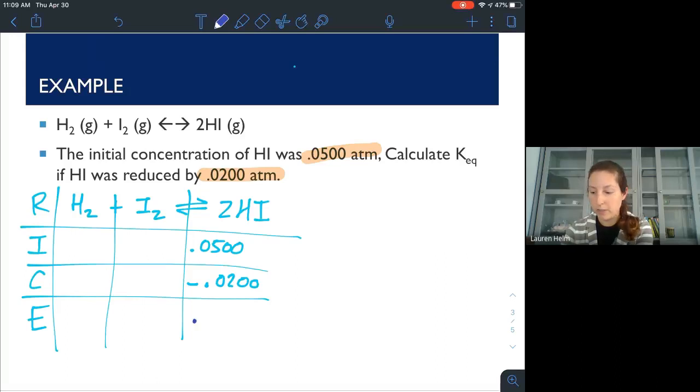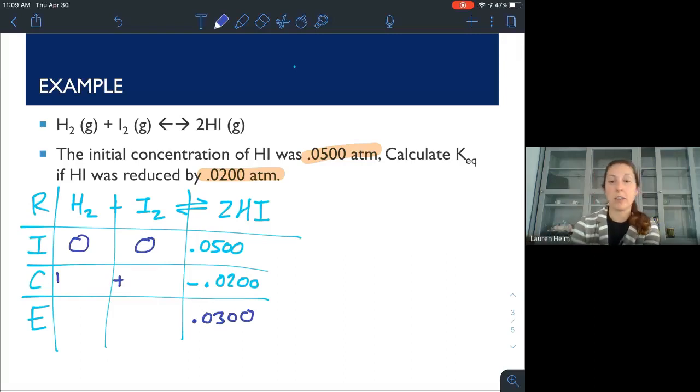That's going to be 0.03. I can assume that if I had 0.05 of the HI, I did not have any hydrogen or iodine gas initially. I can figure out if my product was reduced, that my reactants increased.